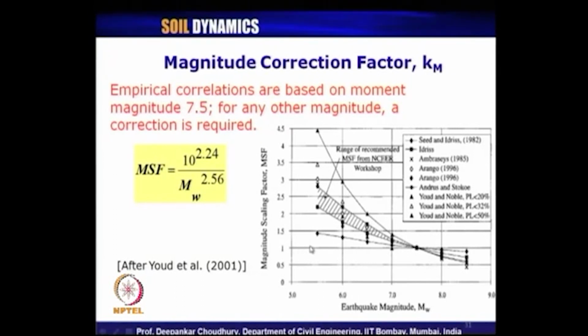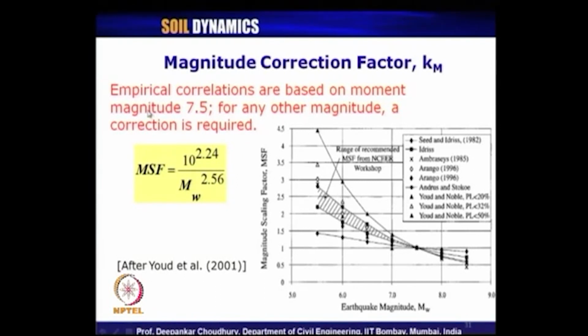So, no correction is required, that is the reference point. But if the moment magnitude during a particular earthquake at a place is not 7.5, but something else, if it is more than 7.5, the magnitude correction factor or the MSF or Km is less than 1, but if the earthquake magnitude is less than 7.5, it is more than 1.